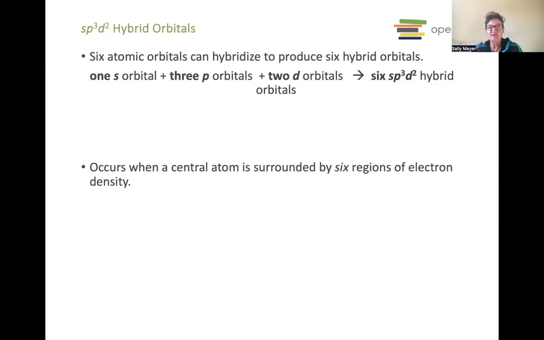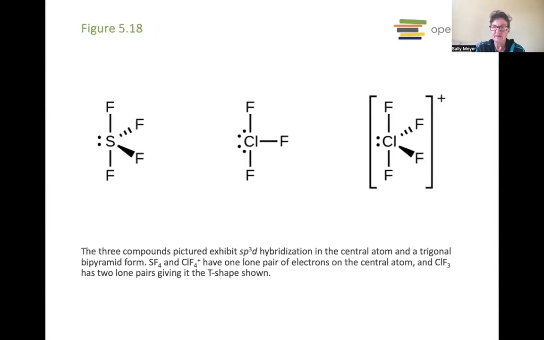So the other type that uses d that we're going to talk about is sp3d2. So you're going to take an s, 3 p's, 2 d's, and get 6 sp3d2 orbitals. And this is going to occur when you need 6 regions of electron density around your central atom. So sulfur on the far left will be sp3d, because you need 5 regions. The chlorine in the center also needs 5 regions, so that's going to be sp3d.